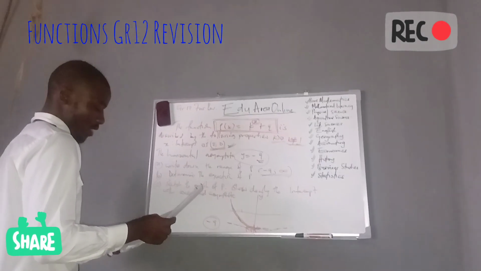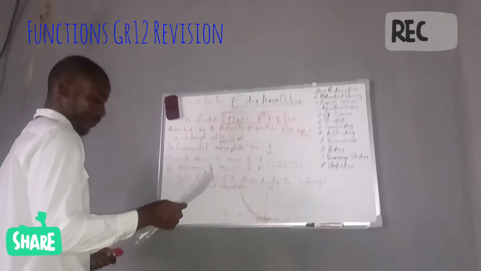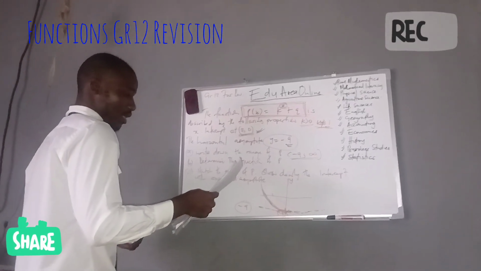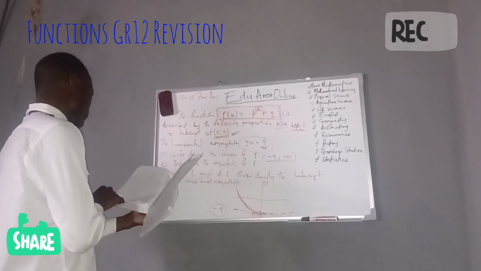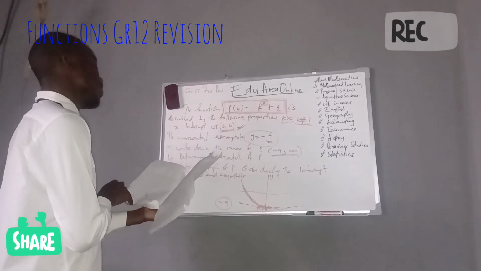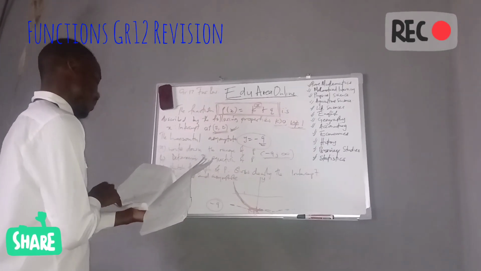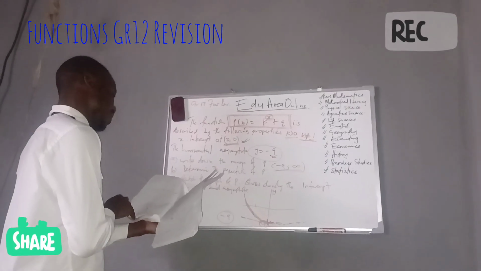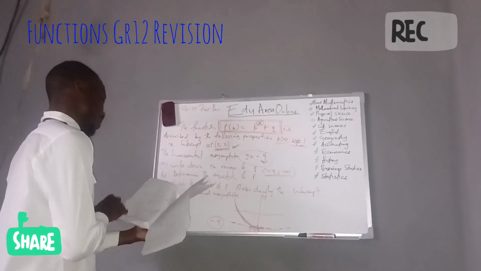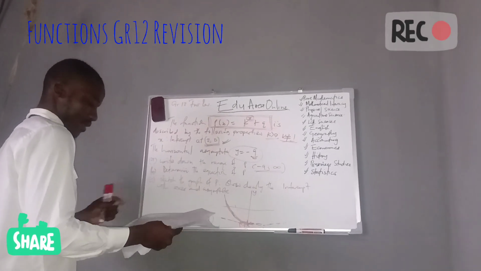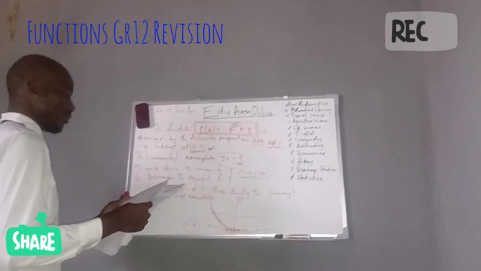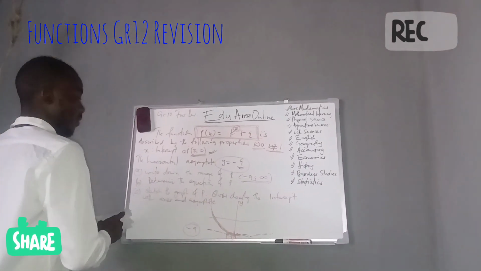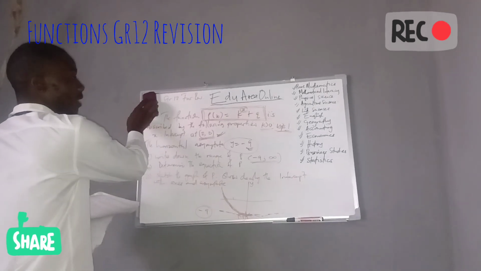So now we want to calculate the equation of P. So how do we determine the equation of P? Right? So now we are saying P(x), let me remove this part.